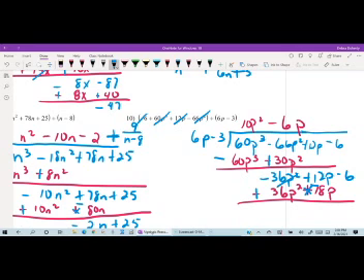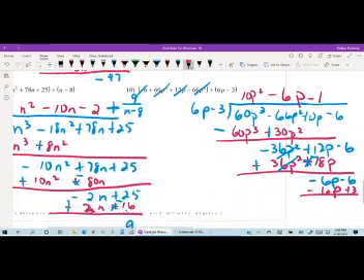Okay, my 36p squareds add out. I have a positive 12 and a negative 18, leaves me with negative 6p's, subtract 6, and now I already have 6p's. I need to multiply by a negative 1. So that's going to give me negative 6p, and a negative 1 times a negative 3 gives me a positive 3. Go through and change our signs.